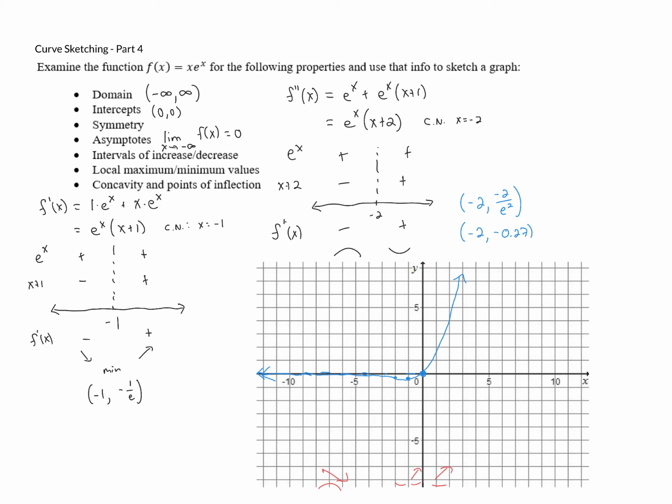If we were to zoom in, we would have concavity downward and then concavity upward like that. So if we were to zoom in and have a little bit more space to draw, that's a little bit more what's happening here. But it is what it is. These are the axes that we have, and that is a sketch of what this graph is going to look like.